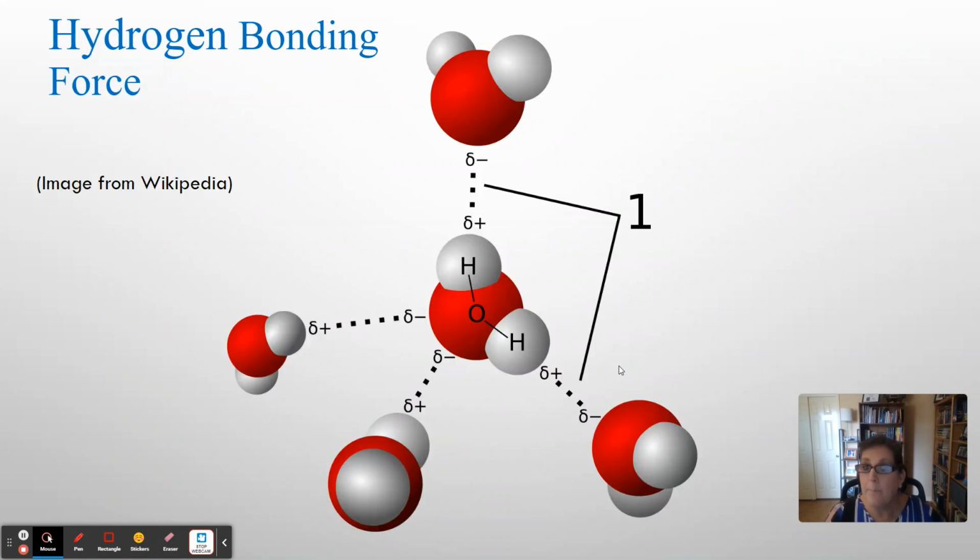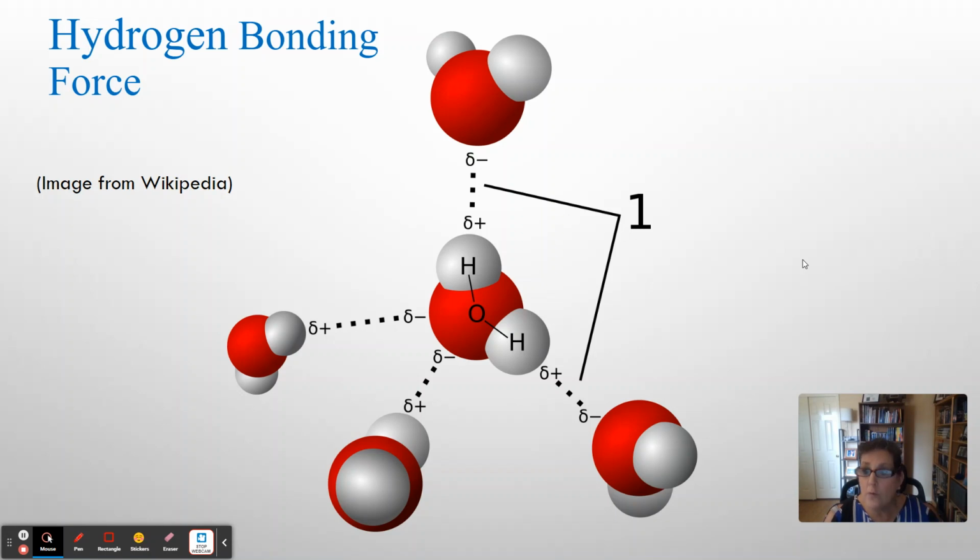Here's another even better picture of the hydrogen bonding force. Notice in this picture, it's always a red oxygen to a white hydrogen, a red oxygen to a white hydrogen, because opposites attract.